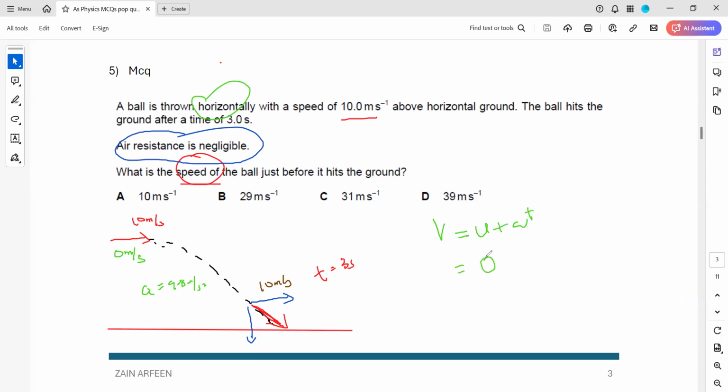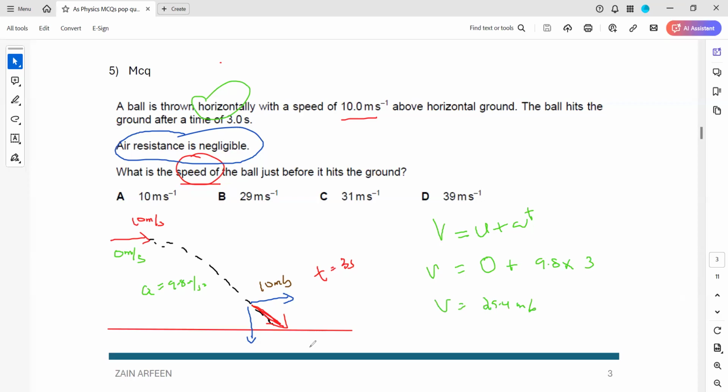The initial vertical is 0. The acceleration is due to gravity, which is 9.8, and it took 3 seconds to hit the ground. So 9.8 multiplied by 3, what's the answer? 9 multiplied by 3 is 27, and 0.8 multiplied by 3 is 2.4. So it will be 29.4 meters per second.